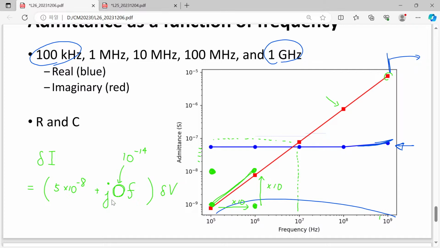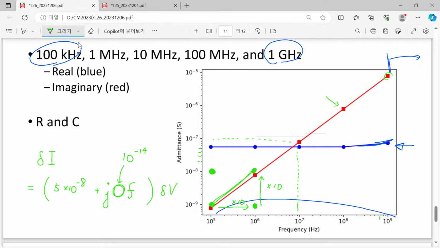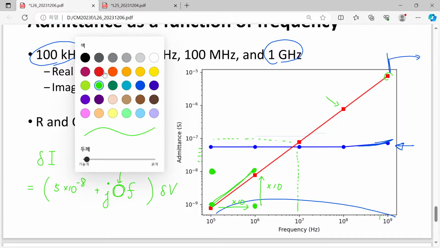So now you can actually interpret these two components.